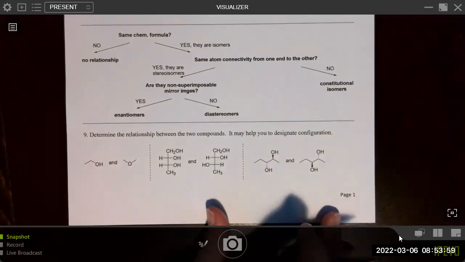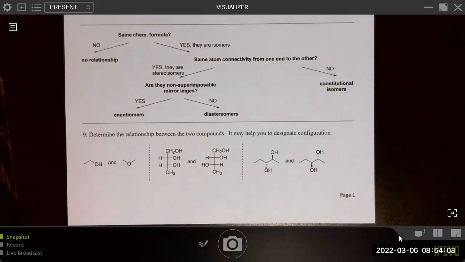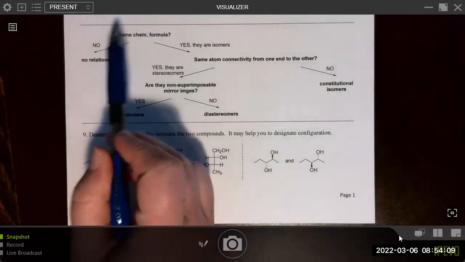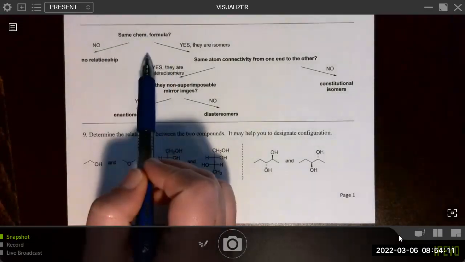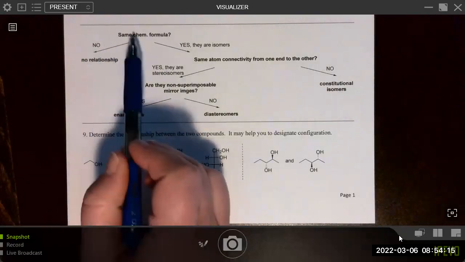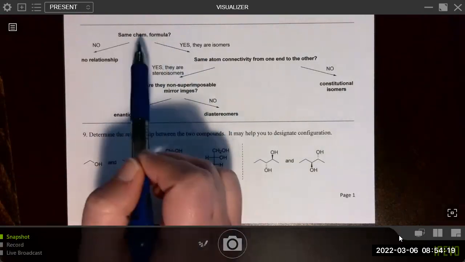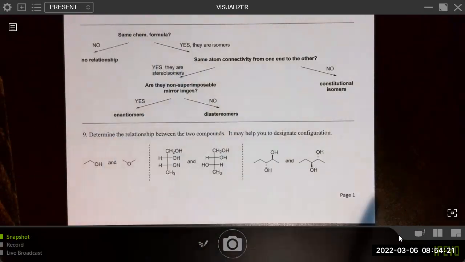We can use this little flow chart to help us figure out the relationship between two compounds. First, we would ask ourselves, do they have the same chemical or molecular formula? If you say no, then they have no relationship. If yes, then they are isomers. And of course, they need to be non-identical compounds in some way.